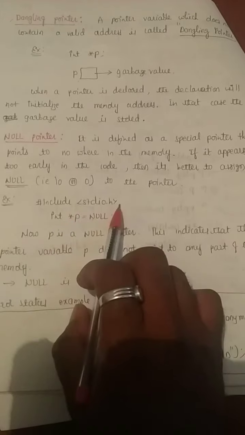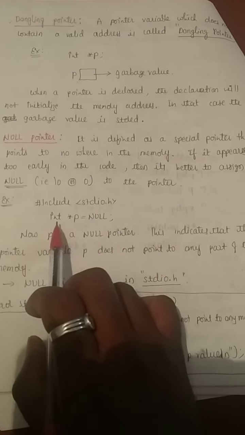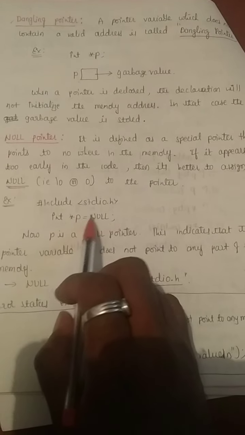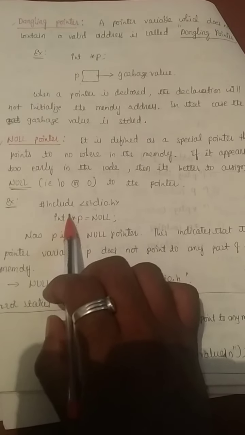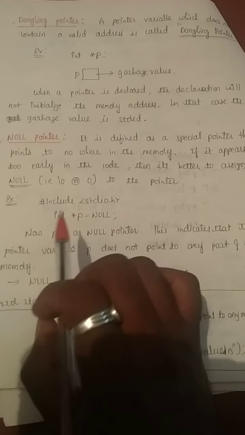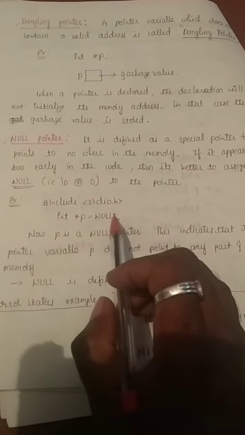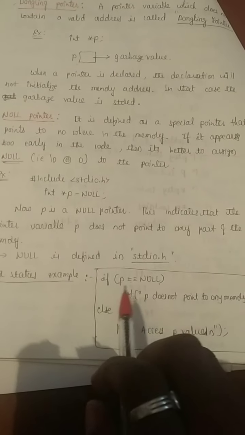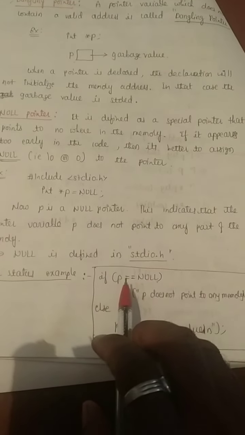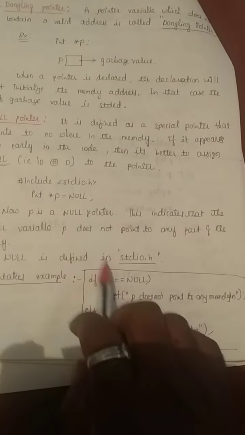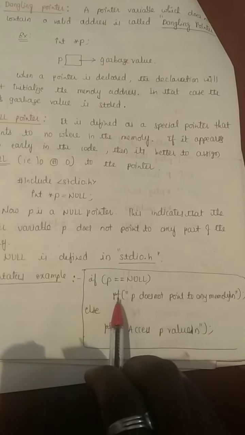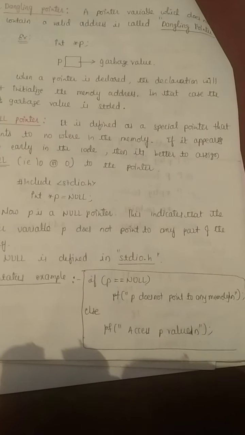You can use #include <stdio.h>, and immediately after that say int *p = NULL. Why do we declare NULL? Because sometimes you may have to check the pointer like this: if pointer is equal to NULL, the condition is true, so you can print a message that p is not pointing anywhere in the memory location.